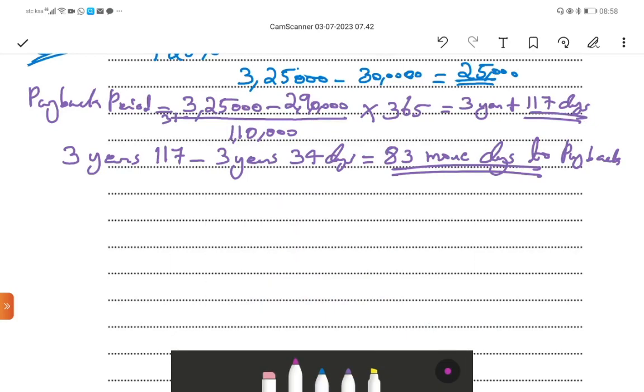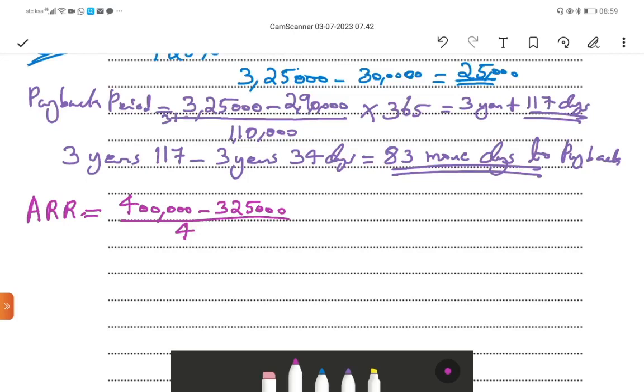So ARR, what was the ARR? It was average profit divided by average investment times 100. The average profit is decreasing. Before it was 300,000 only. Now we have the cost of 325. So the profit was 400,000 minus 325,000 divided by 4.